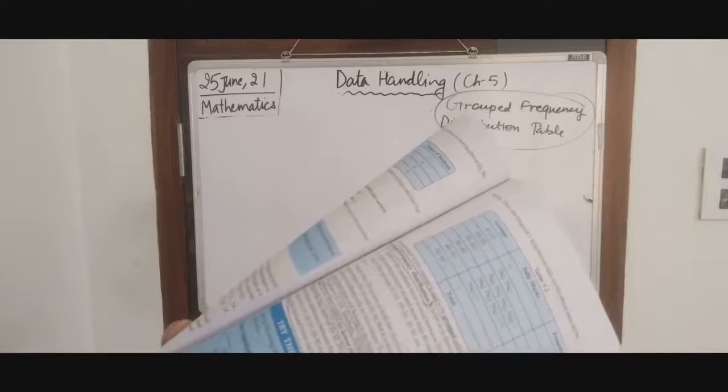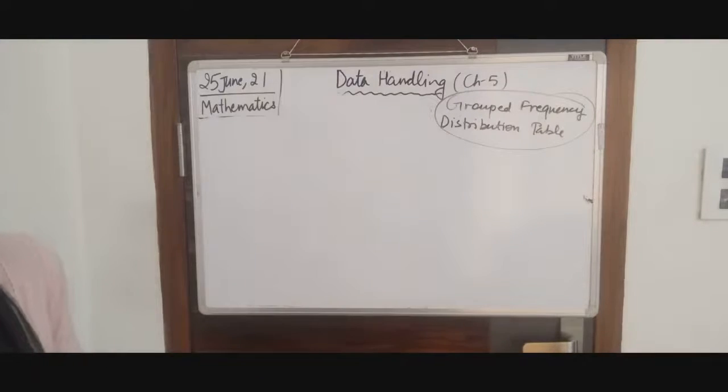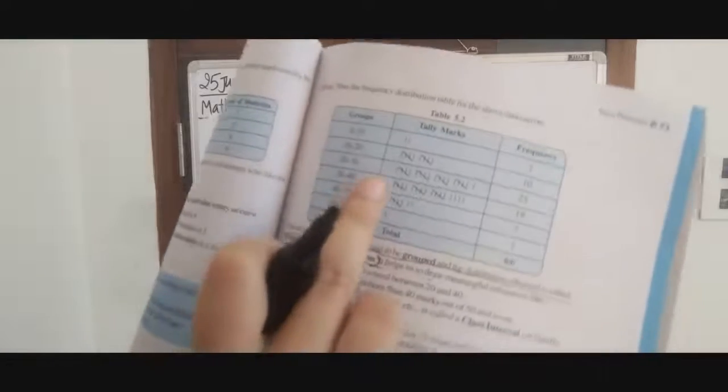Here it is given in this example. This is the marks of students out of 50 obtained in mathematics by 60 students of the class. Now this is a very large data. So if we are going to make a frequency distribution table for each observation, the table would be so long. So what we will do, we will group the data like this.